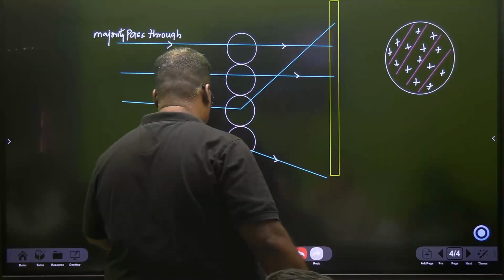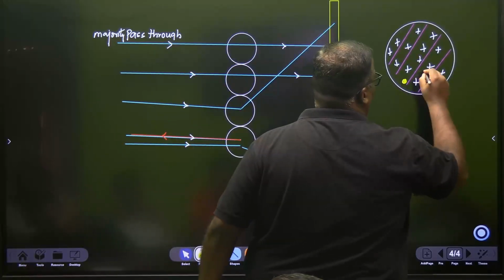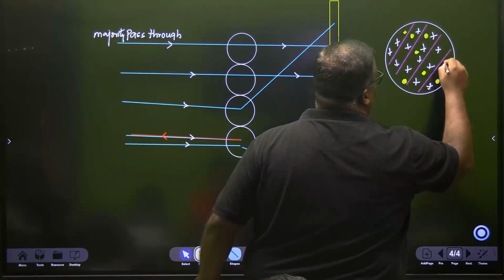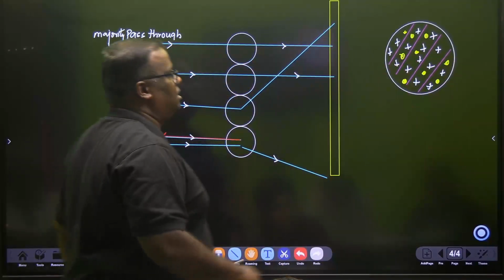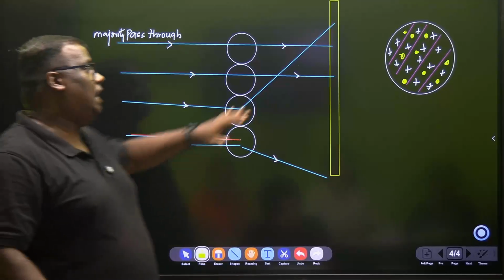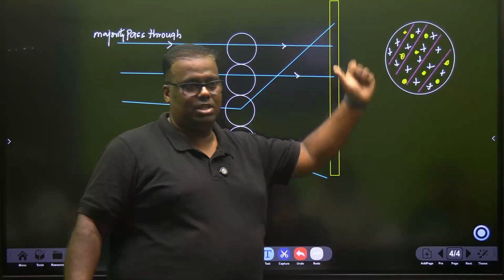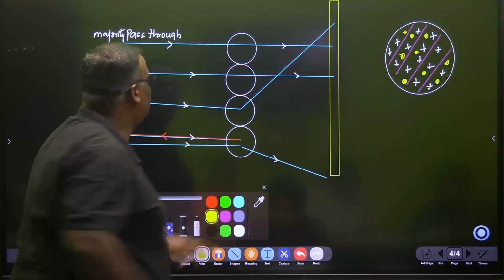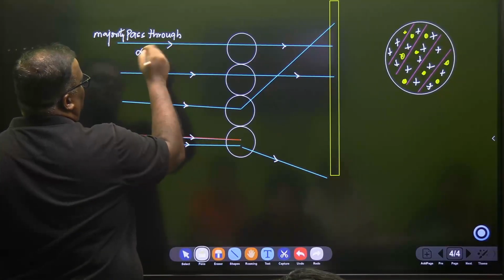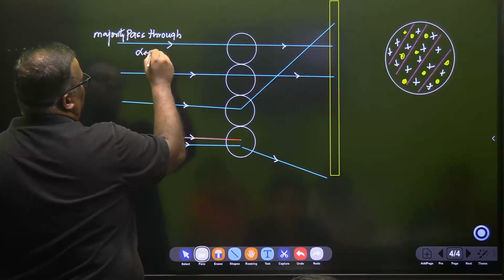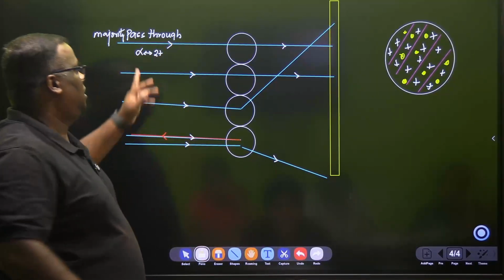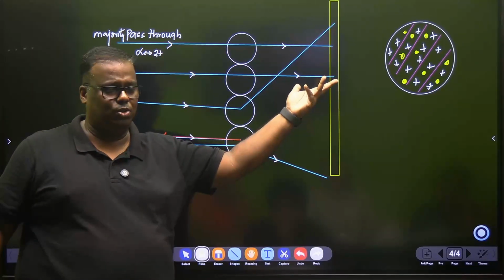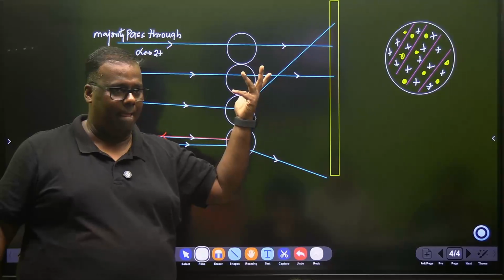And the electrons are embedded like pieces of plum in a pudding. Now keep this model and start seeing your findings, right? If the atom was completely a positively charged sphere, then how is it possible? These are alpha particles, which are equivalent to doubly charged. If a positive particle is entering a positive sphere, how can it pass through? It should repel.